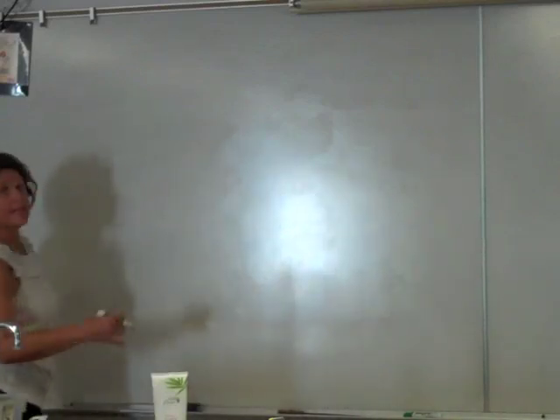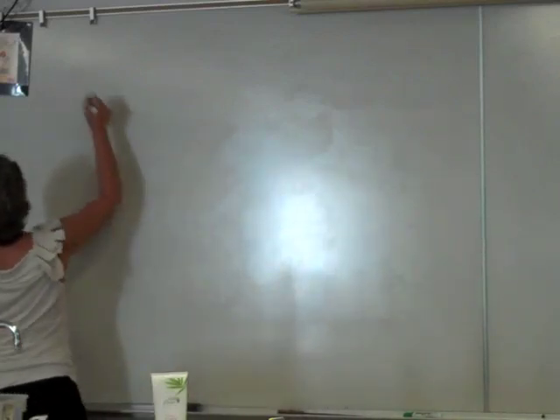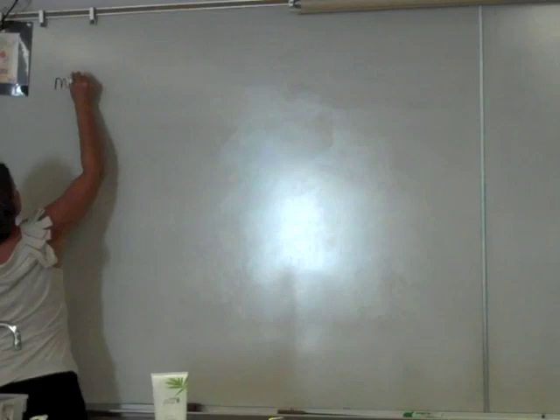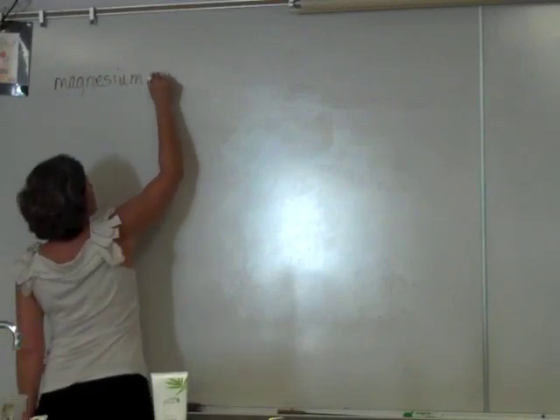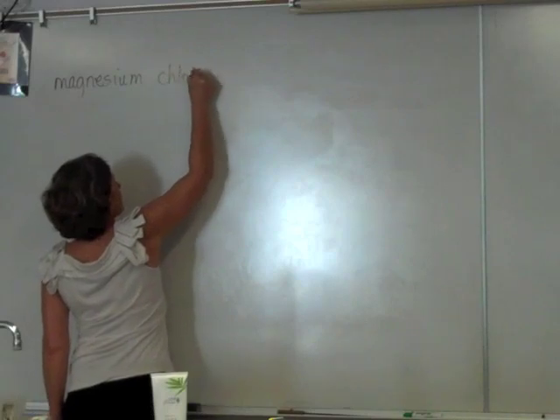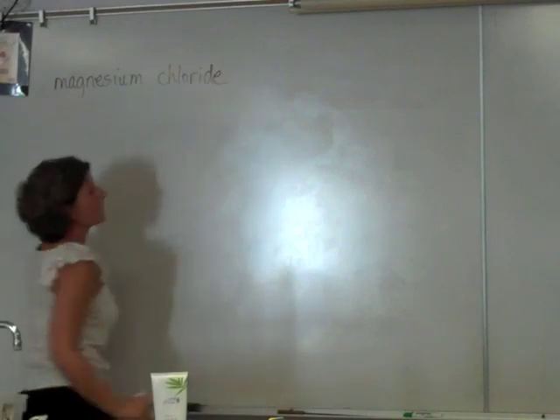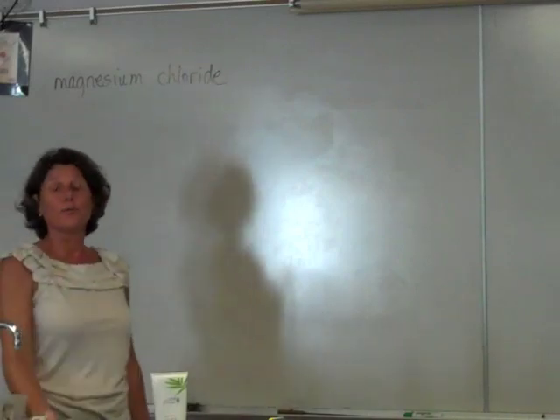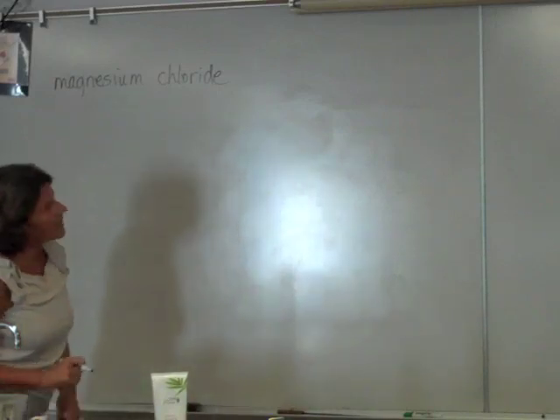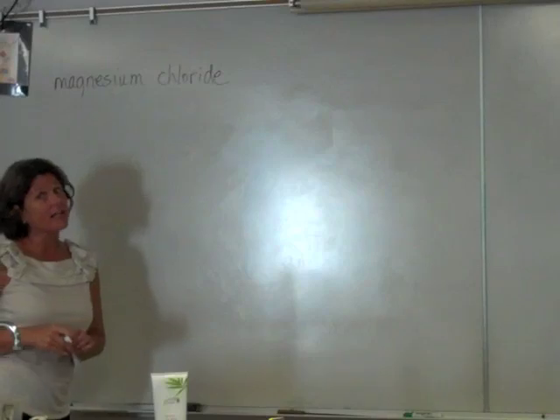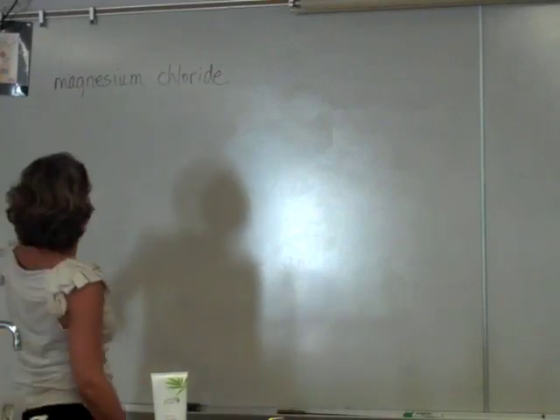So I'm going to give the name magnesium chloride. How do I write the chemical formula for this compound? First thing I need to identify is what kind of compound is it?